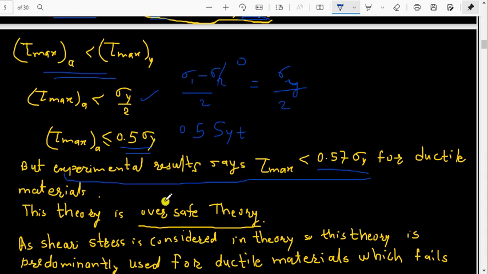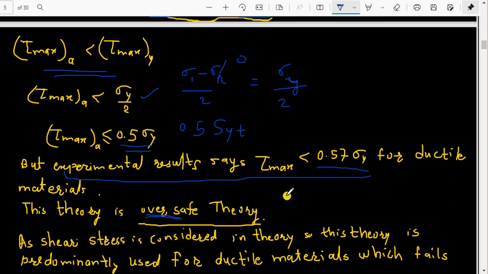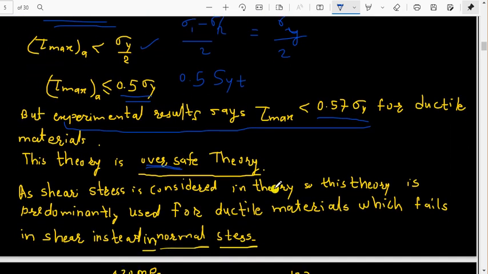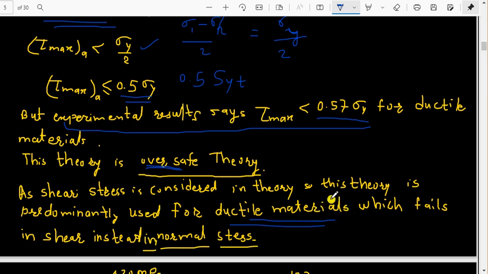That means this theory is safe, and it is also known as a safe theory, and that's why it is predominantly used for the design of ductile material components. As the name itself says, maximum shear stress theory, it is considering shear stress. So we can say that it is suitable for ductile material.